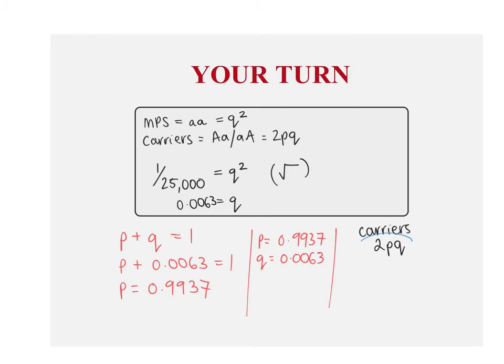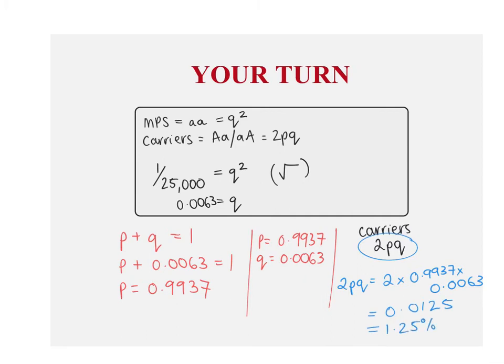Now we know that it's 2pq, so 2pq is equal to 2 times my p value, 0.9937, times my q value, 0.0063. Smash that in a calculator, and it comes out as 0.0125. That's the same as a frequency of 1.25%.